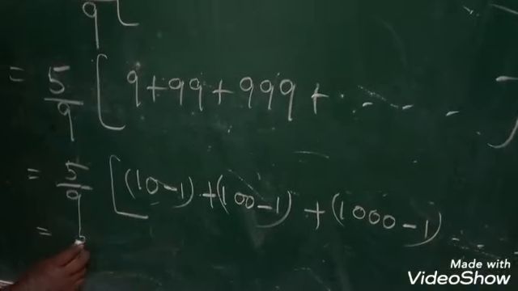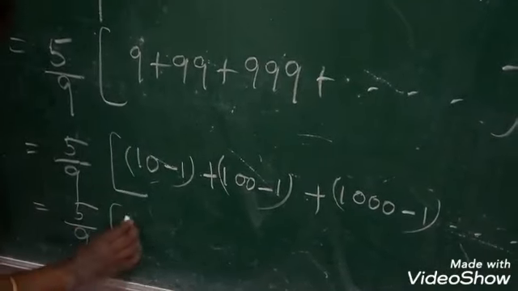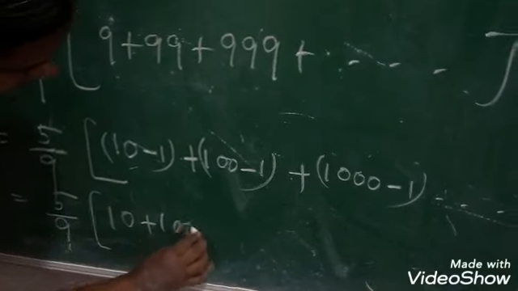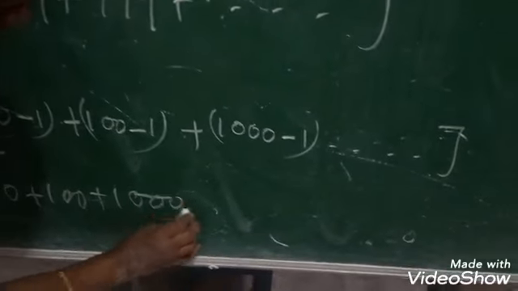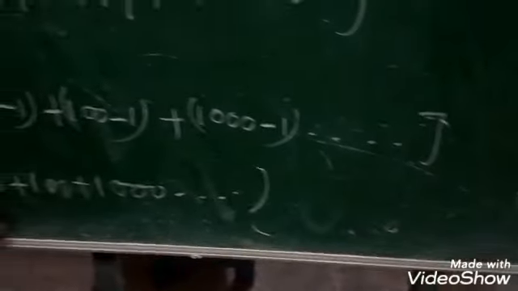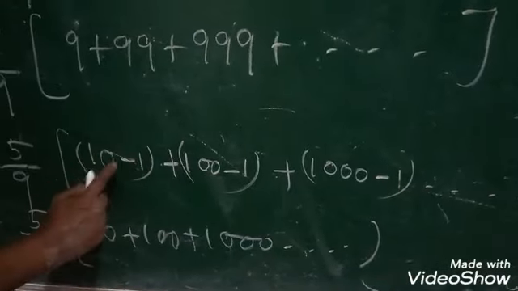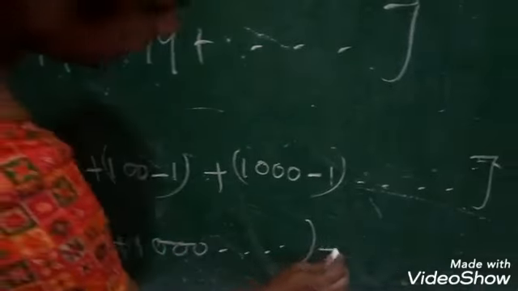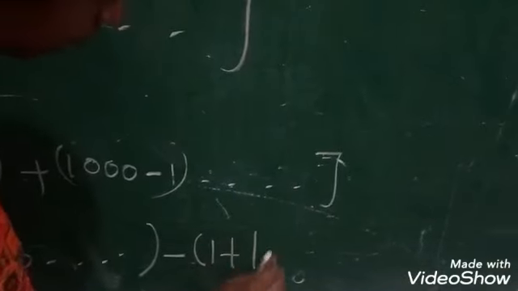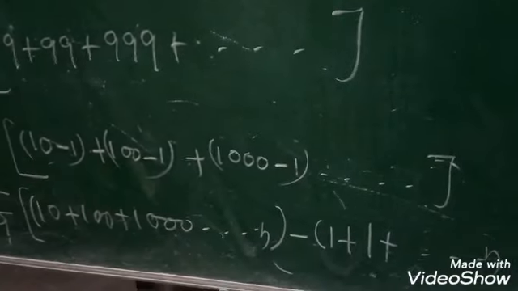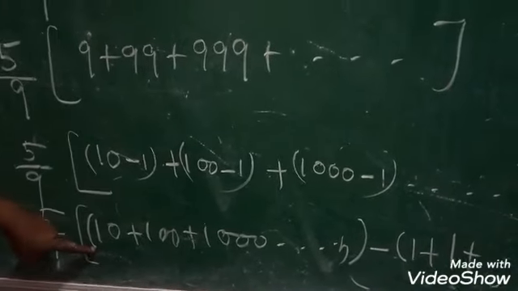The next step: 10, 100, 1000 should be in one group, the positive numbers. Then the remaining is minus 1. You have to take the minus out and the 1s inside. How many times? n times. Have you all understood the second step?